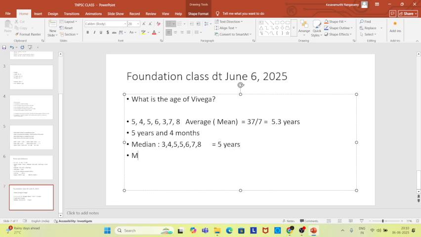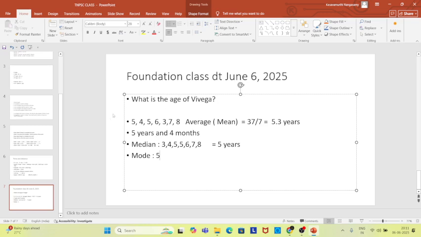What is mode? The most repeated number. Which number is repeated in the original values? 5, sir. Mode is 5. So what is the age of Viveka?